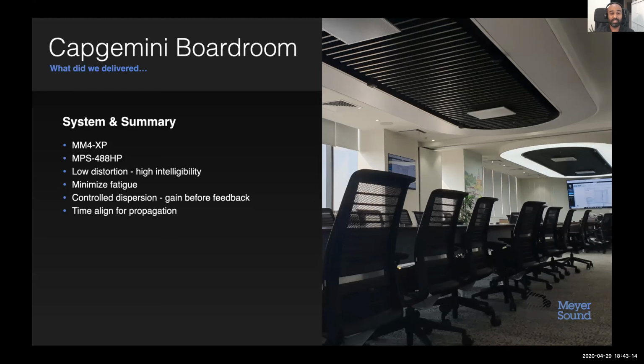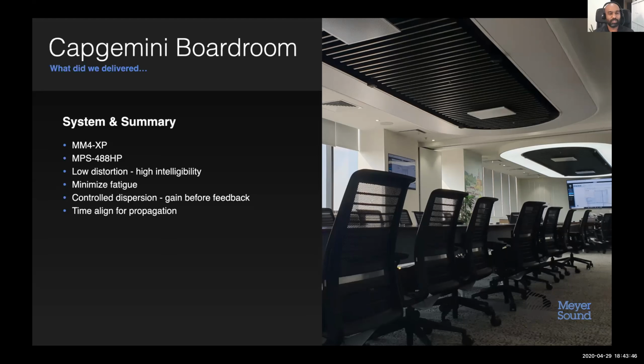In this case, they are extremely happy with the MM4 XPs because of the tight dispersion pattern that it has. So all the frequencies are very well controlled, and they were able to get really good gain before feedback, even though the microphones were the same distance as the loudspeakers. And this is of course important because for clear audio transmission, for good audio pickup, you need good gain before feedback.